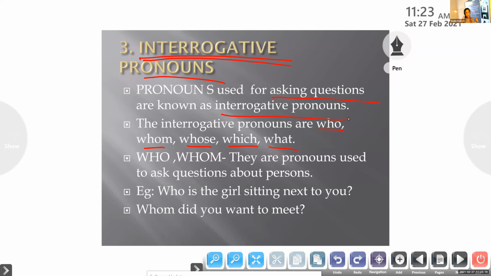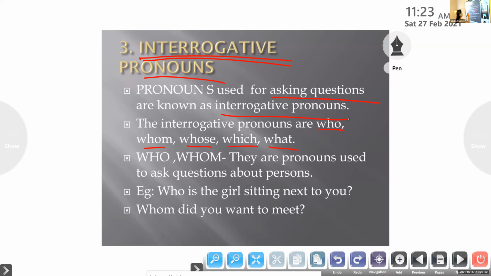Demonstrative pronouns point at people or things, while interrogative pronouns ask questions. Is that clear? Who, whom, whose, which and what. Clear to all of you? Repeat after me: who, whom, whose, which and what.